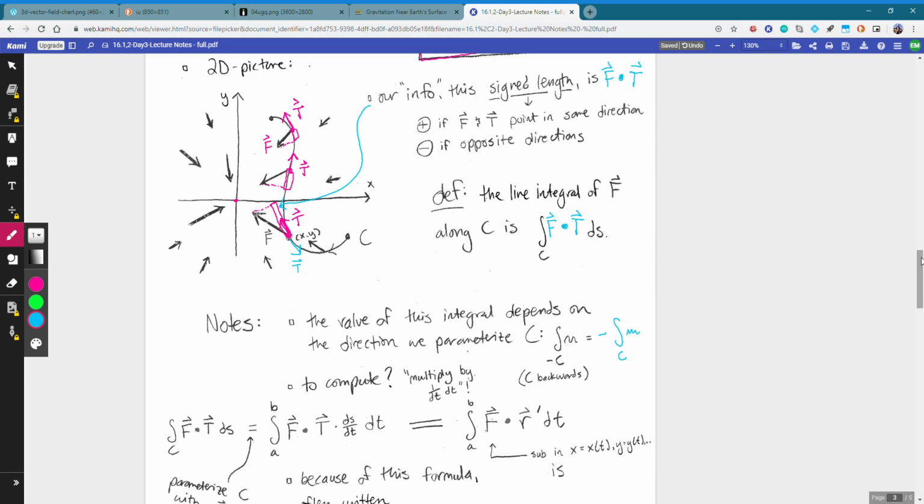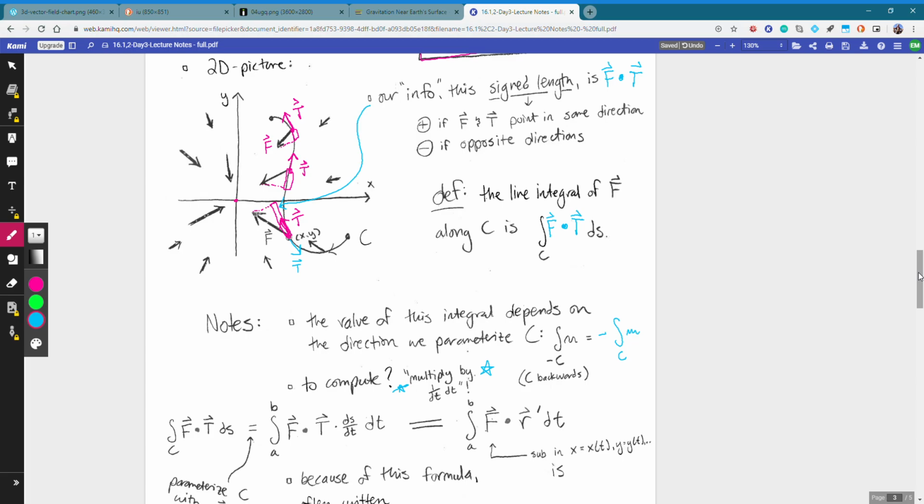Next, let's talk about how we can actually compute this line integral. Well, it's a line integral, right? And so we can compute it using our catchphrase, our little mnemonic device here that shows us how line integrals translate.